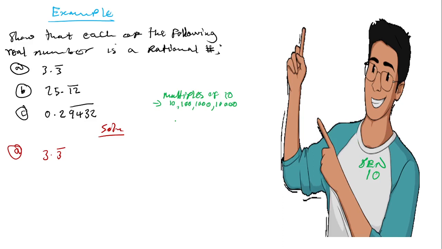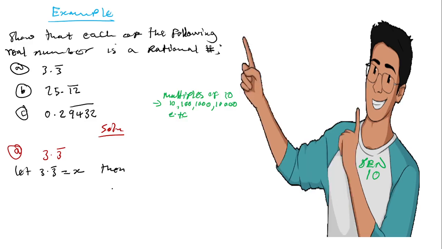So since we have 1 decimal place, we are going to use 10. So we are going to say let 3.3 bar be equal to X. Then we are going to multiply this expression by 10, since you have 1 decimal place.